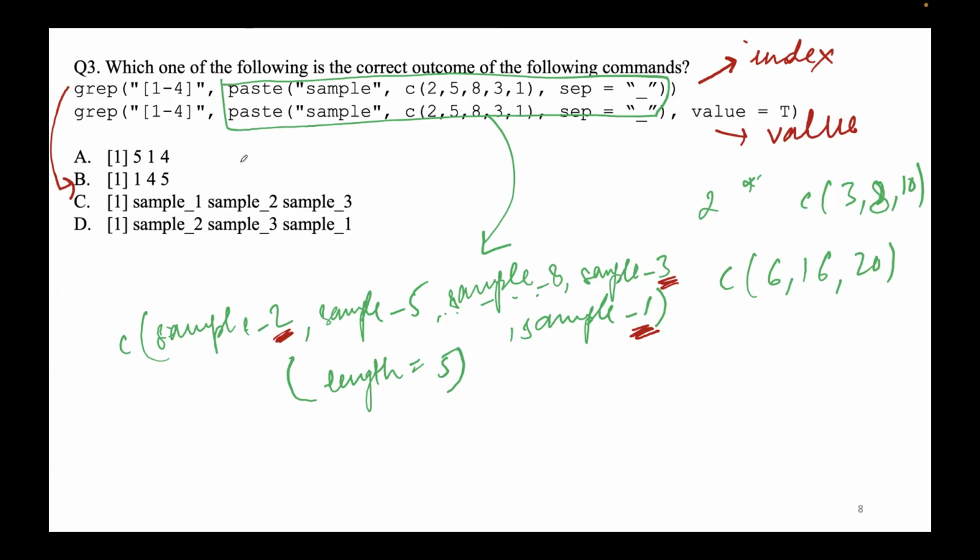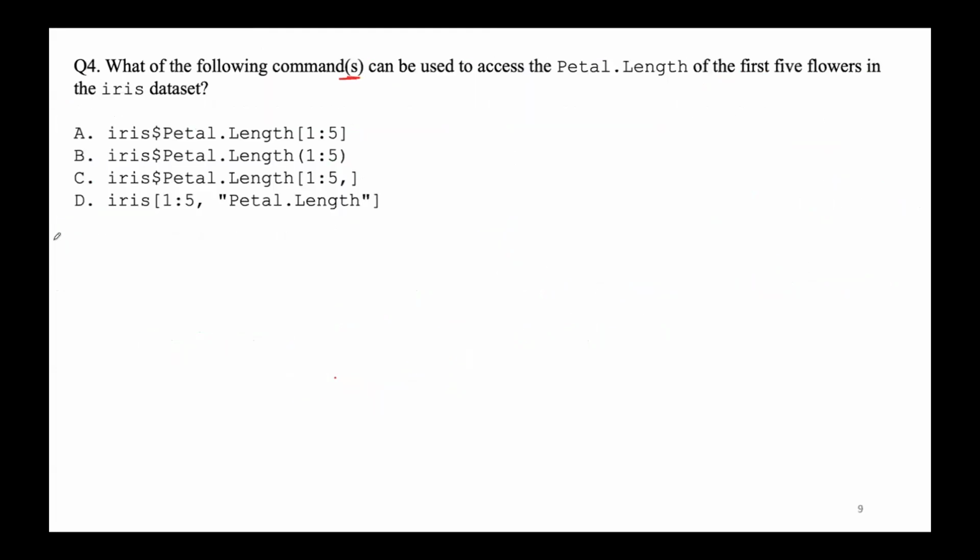So the first one, B is the answer. And for the second one, yes, it's going to occur in the order. So sample 2, sample 3, sample 1. So for this one, it's going to be this answer, right? Okay, all right.